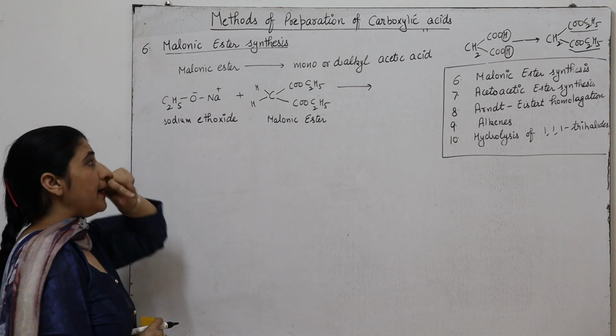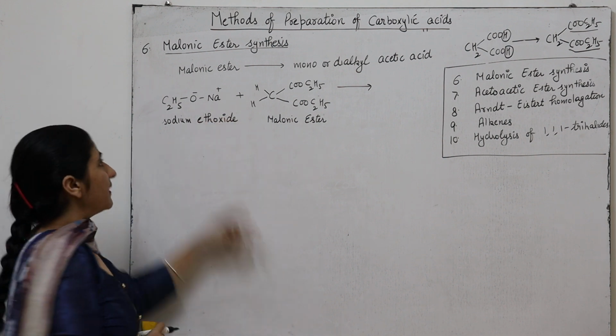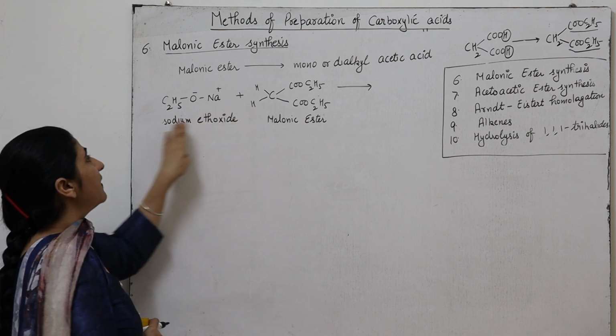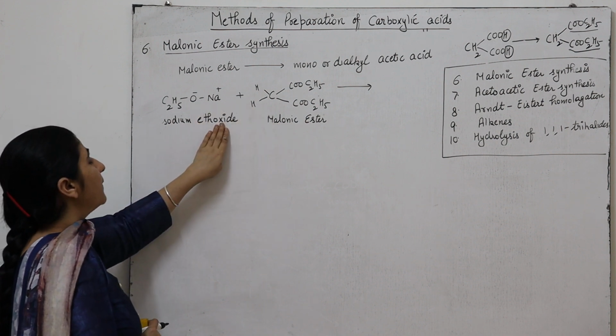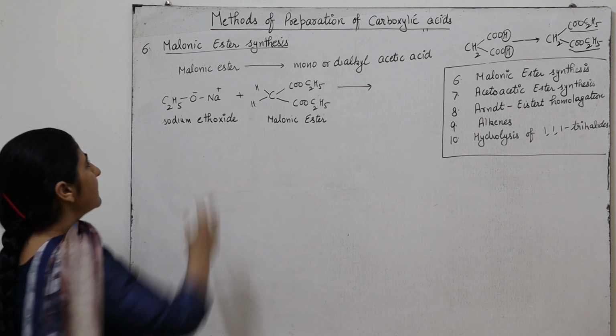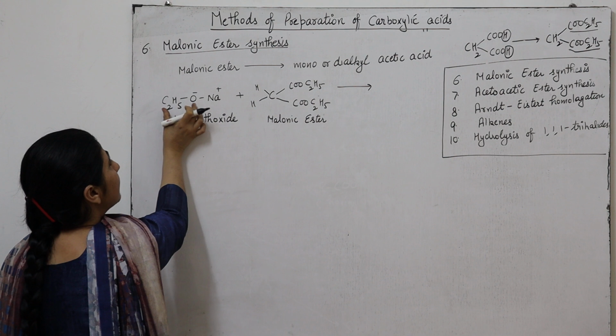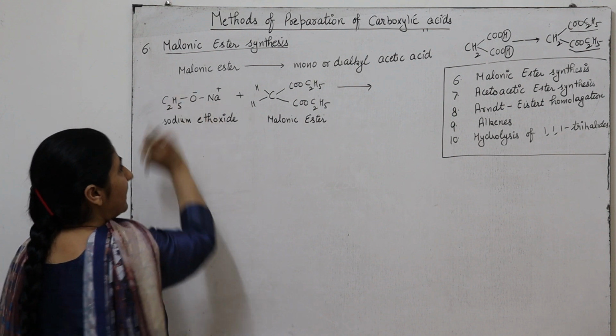The reaction takes place in various steps. In the first step, the malonic ester reacts with sodium ethoxide. Sodium acquires a positive charge and the ethoxide acquires a negative charge.